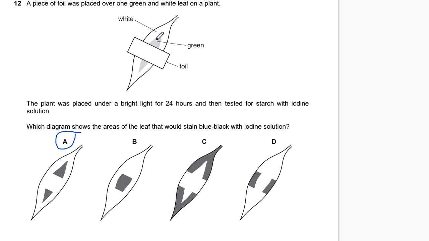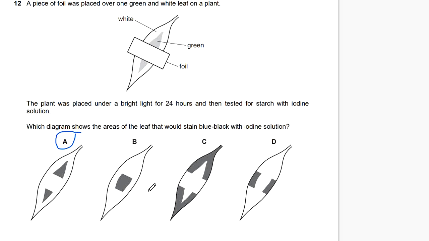Why A? Because it will have a positive color for that of the green. It will have a blue-black stain because it was under the bright light. However, because of the foil that is placed in between, this part did not produce any starch or any glucose or any food for that matter because it was covered.